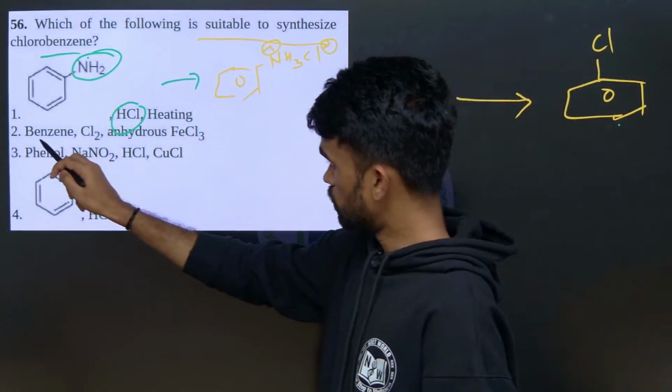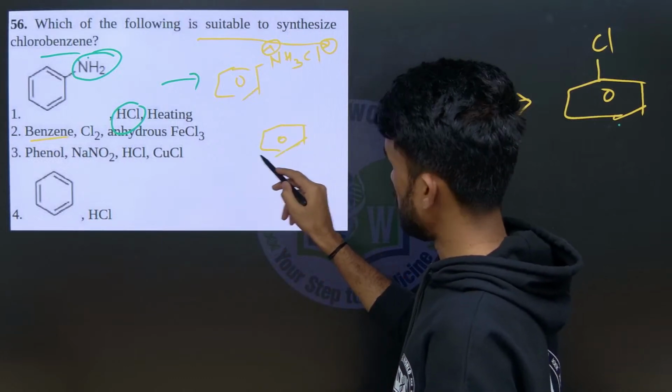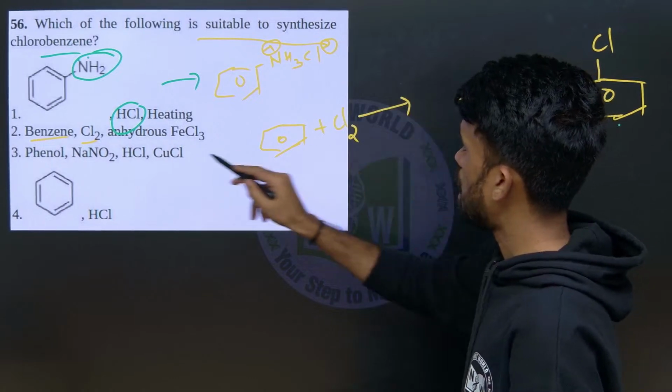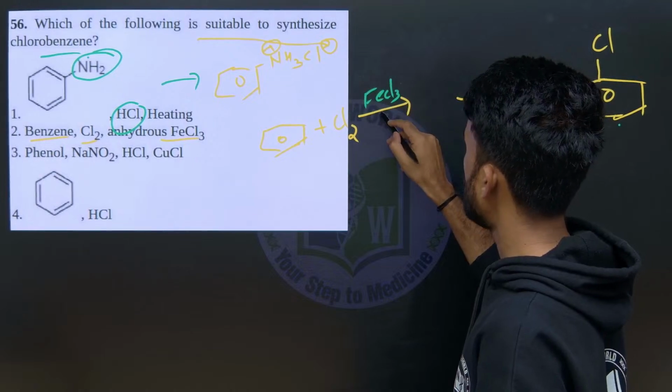Here, when we take benzene with chlorine Cl2, and on the arrow mark you should write FeCl3, that is the anhydrous form.